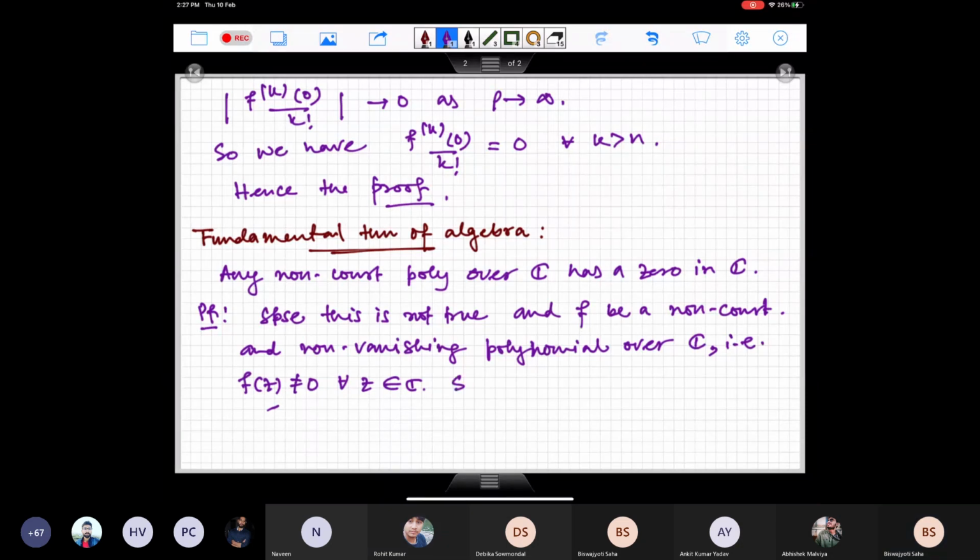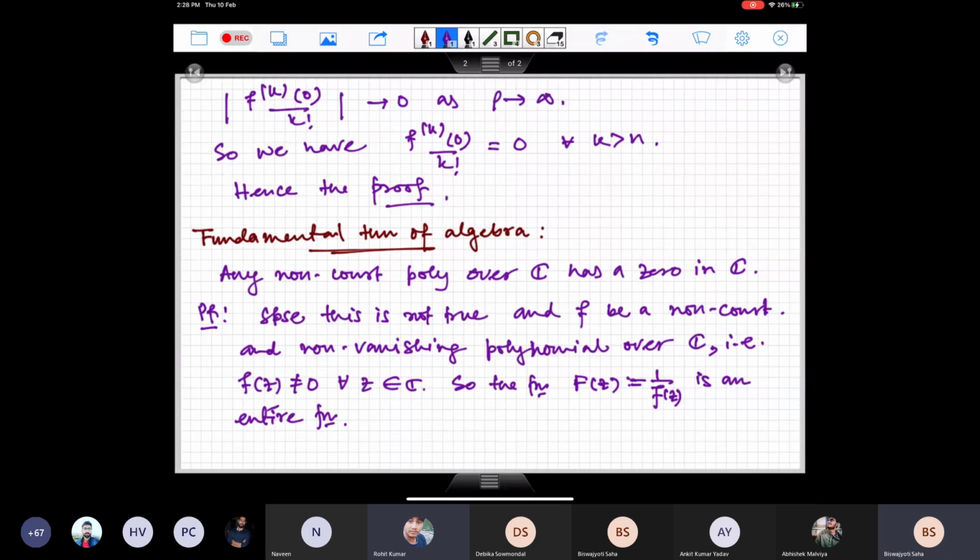So the function capital F of z defined by 1 upon f of z is an entire function. All of you agree to that? Yes, sir.